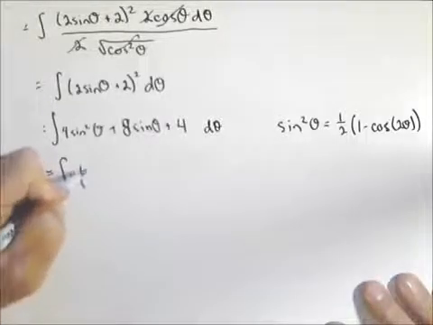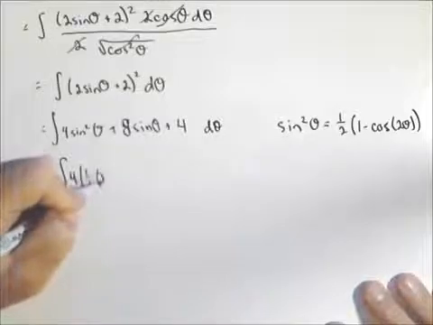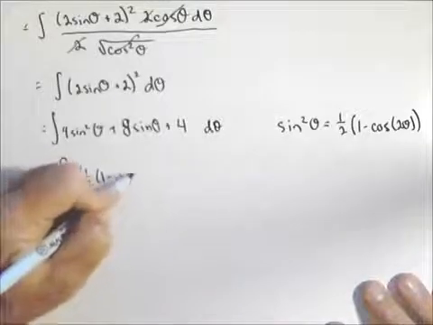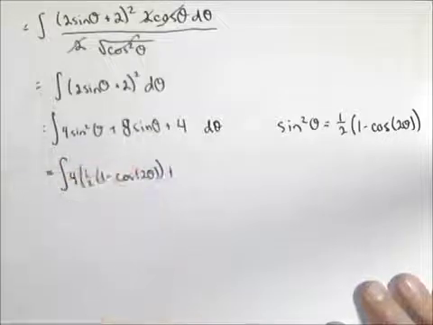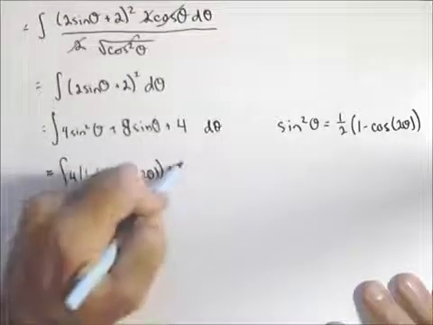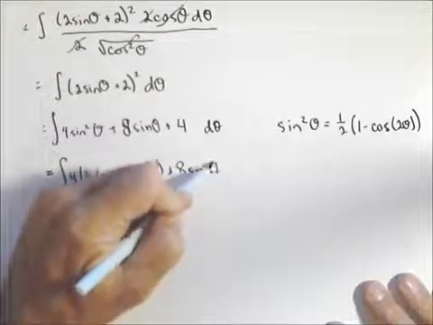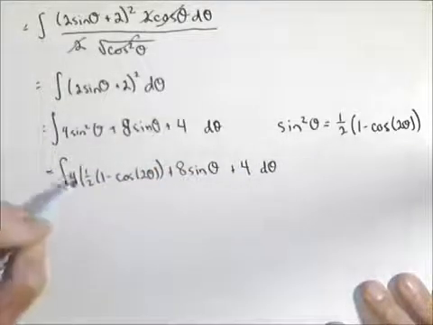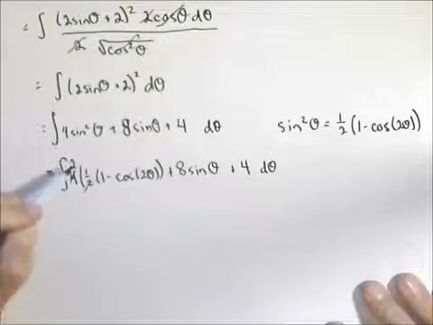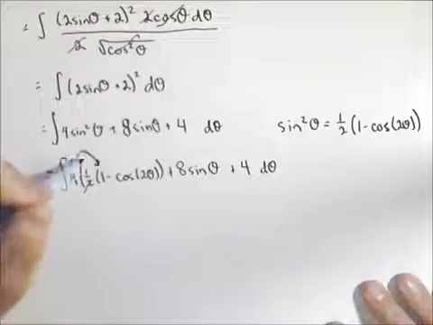So we're digging back into your trig a little bit using this identity. So 4 times 1/2 times 1 minus cosine of 2 theta, plus 8 sine of theta plus 4 d theta. We can do some canceling there, and I'm going to now distribute that 2.